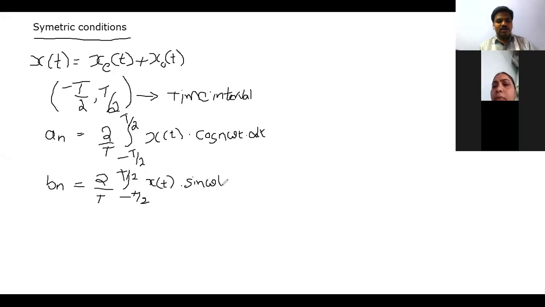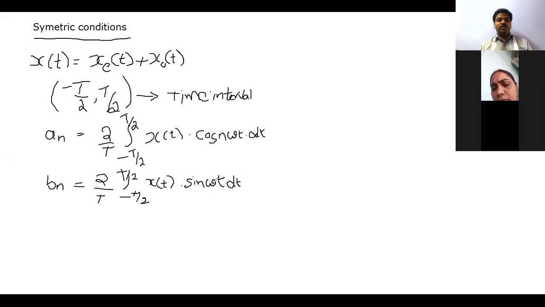See, nothing new in it. Again, we are going to cover a new topic, but already we have determined the values of a n and b n earlier for the same periodic signal x of t.